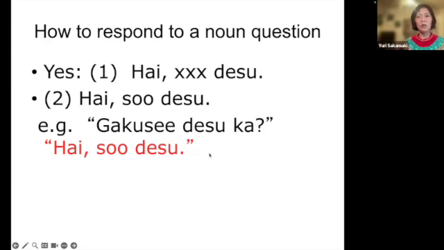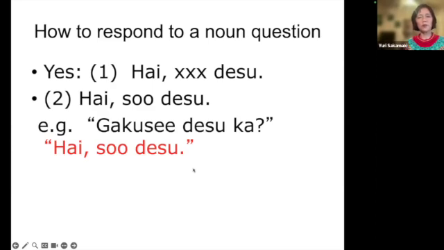For example, 学生ですか? What am I asking? I'm asking if you're a student. You could say, number one, はい、学生です. Or you can say, はい、そうです.